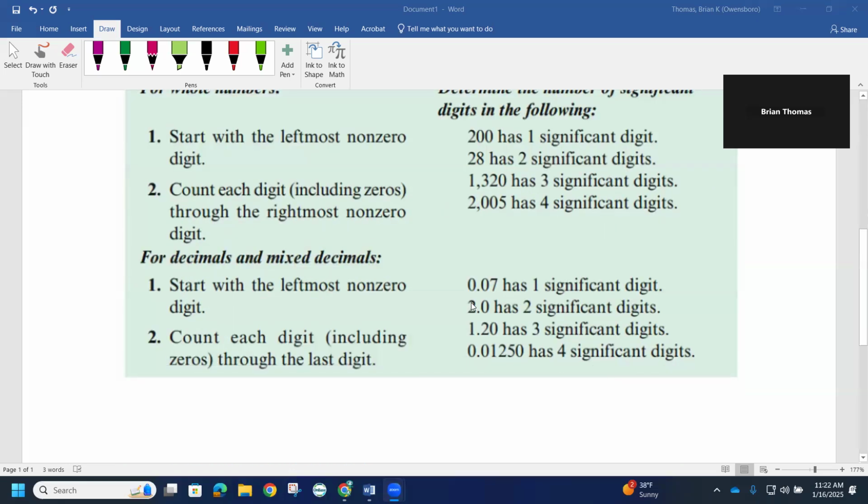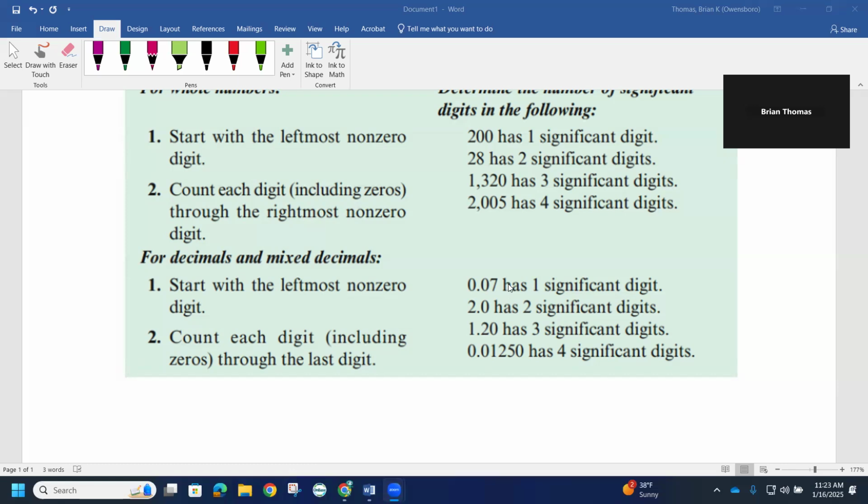Now, when it comes to decimals and mixed decimals, it says start with the leftmost non-zero digit and count each digit, including zeros, through to the last digit. So we start with the leftmost non-zero and count to the right to the last digit, including zeros.